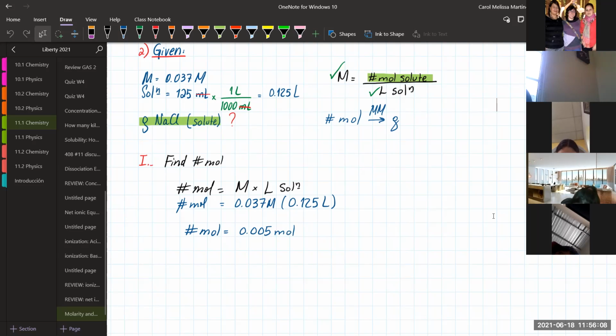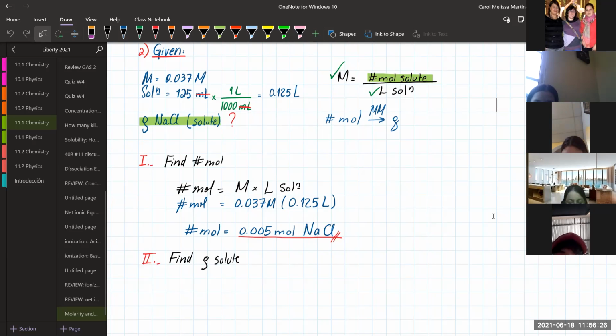In this case, the solute is sodium chloride, so we write the substance. Once we have that, we can find the grams of solute by using the conversion factor between moles and grams, which is the molar mass.